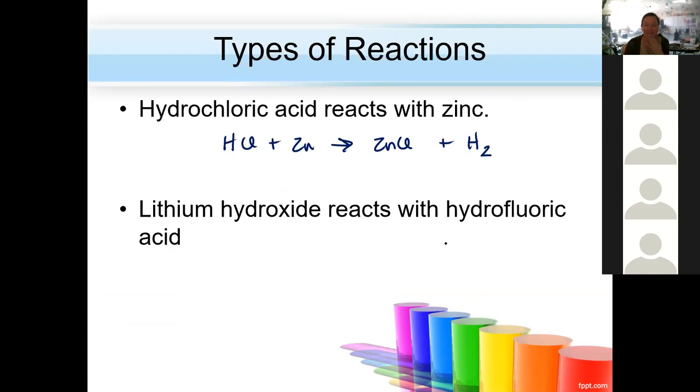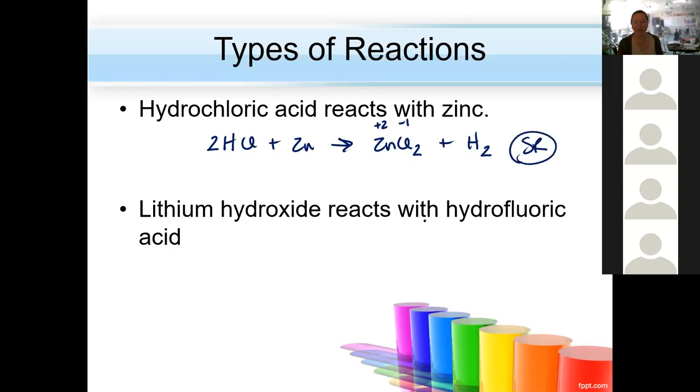And? ZnCl2 is not balanced. Good. So zinc is a +2 and chlorine's a -1. So we need a 2 here as well. So now let's balance our equation. You put a 2 in front of the HCl. Perfect. And what kind of reaction is this? Single replacement. Perfect.